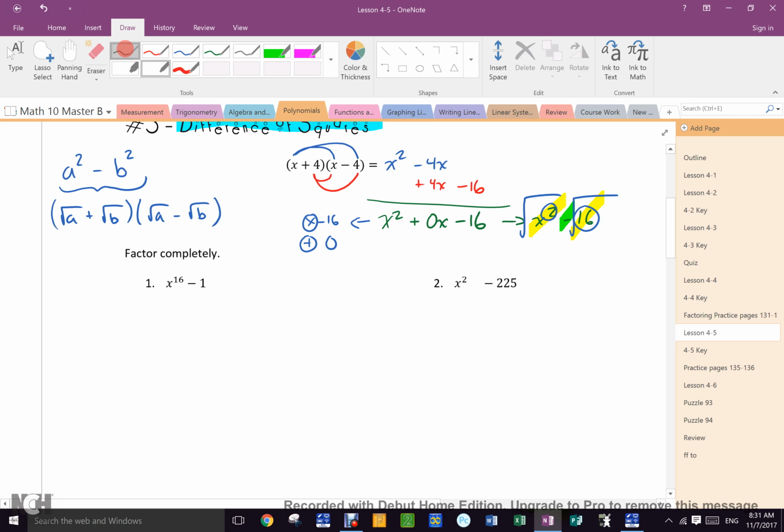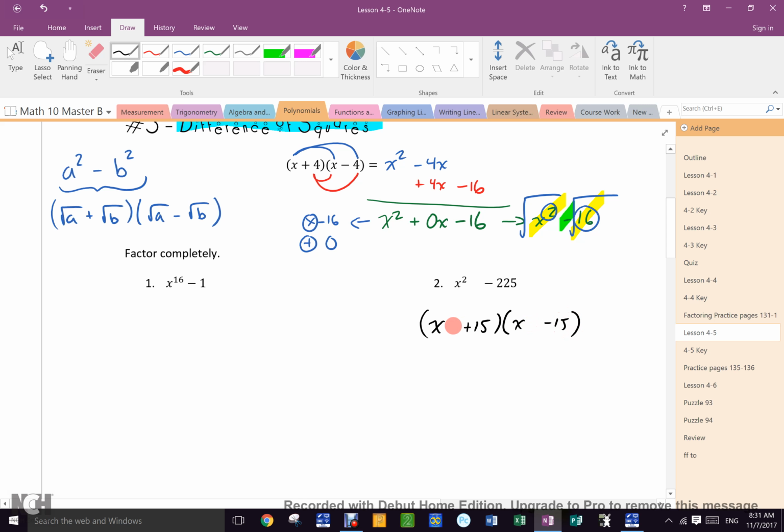What is the square root of 225? 15. Lovely. So if we were to follow the pattern the way I have written it right here, without the y, what would it be? What is the square root of x squared? X. What is the square root of 225? Plus 15. Then we write it again with the minus 15.